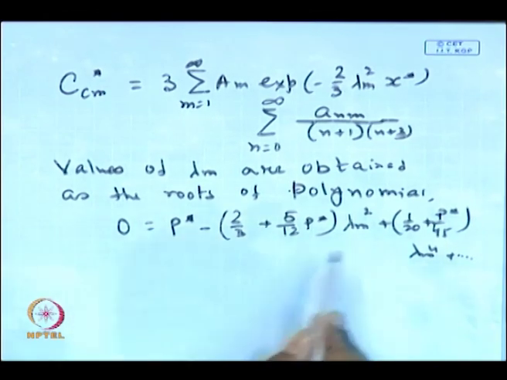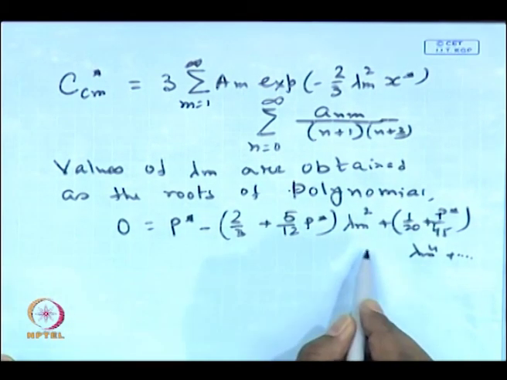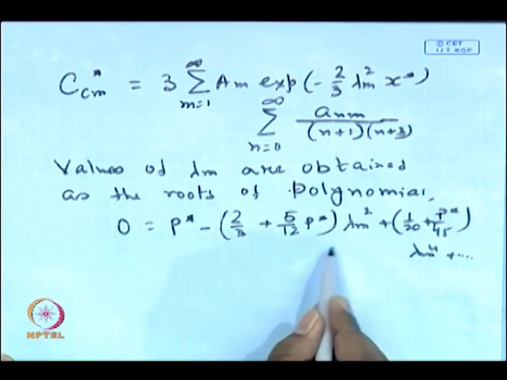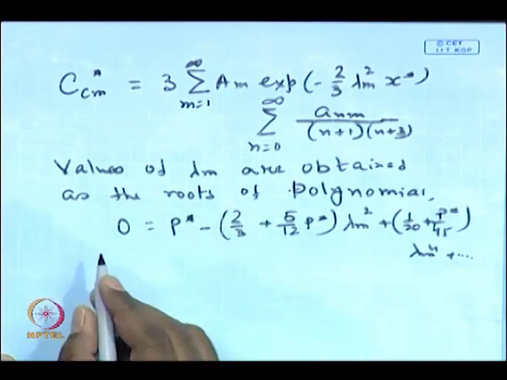We can obtain this equation by writing the solution on the boundary condition at y star is equal to 1. Okay. From that one can obtain the characteristic equation of eigenvalues, and the roots of this equation will give you the lambda m.